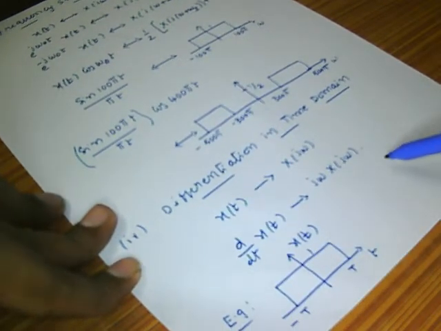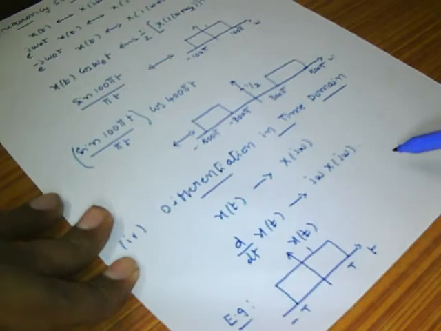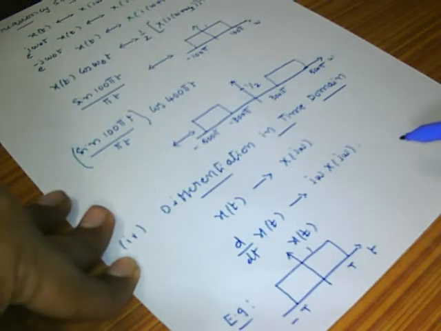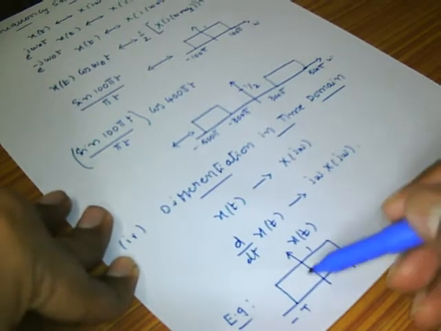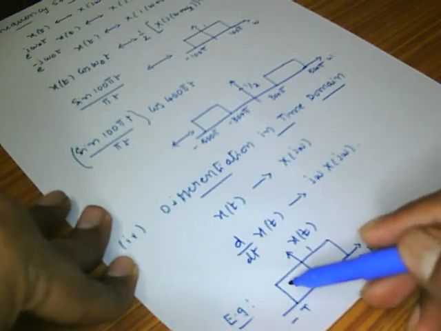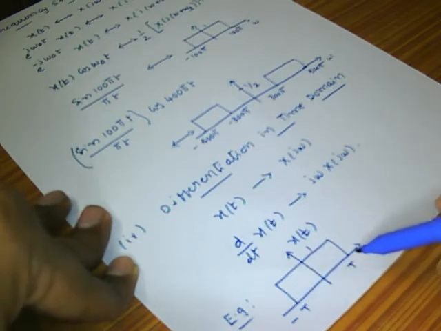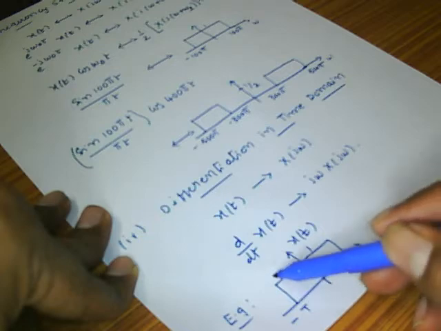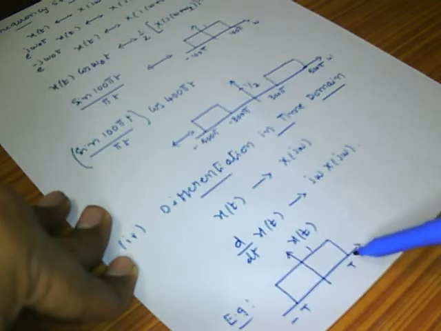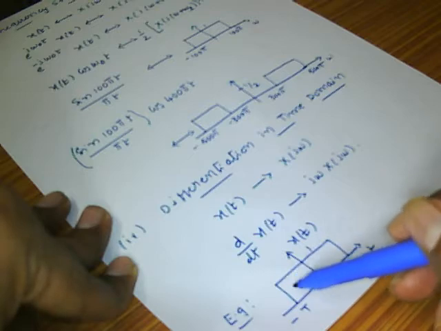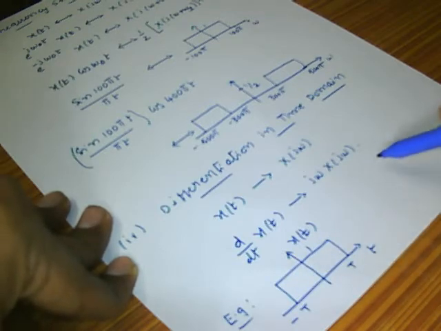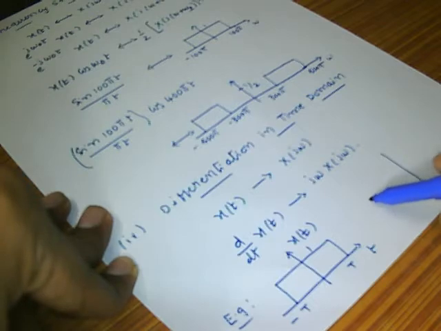If you have watched the video lecture about the differentiation operation, we have seen that wherever there is a discontinuity, that discontinuity has to be replaced with a Dirac delta function, and the strength of the Dirac delta will be equal to the amount of discontinuity. So how does the d by dt of x of t of this signal look?